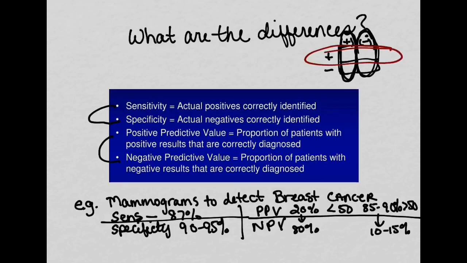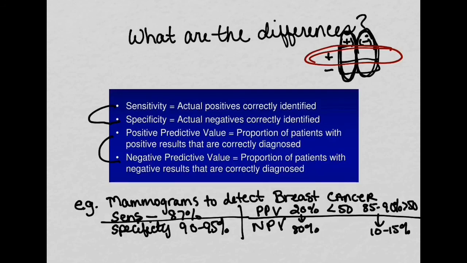Then if we go to the predictive values, this is where you're determining the proportion. For the positive predictive value, if you're less than 50 years old, you have a 20% positive predictive value, which is not that great. It's more accurate greater than age 50 because these are the actual proportions of patients with positive results that are correctly diagnosed.